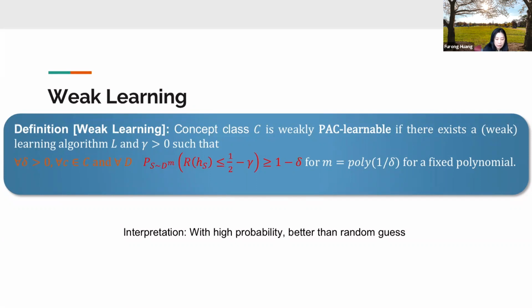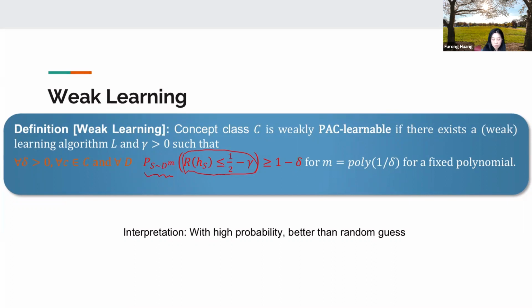your probability of, I'm talking about probability here, but I'm essentially evaluating this one. First I'm evaluating the true error of h_S, which is smaller than or equal to 1/2 minus gamma, and then I'm taking the probability over the random variable S, the sample.